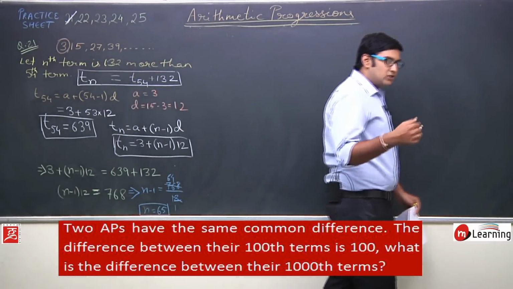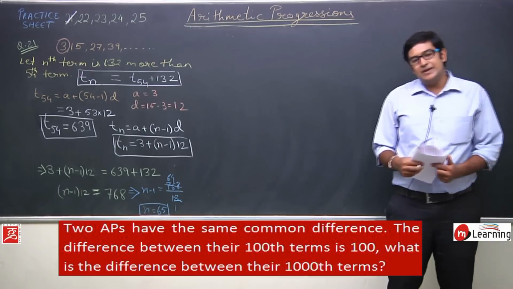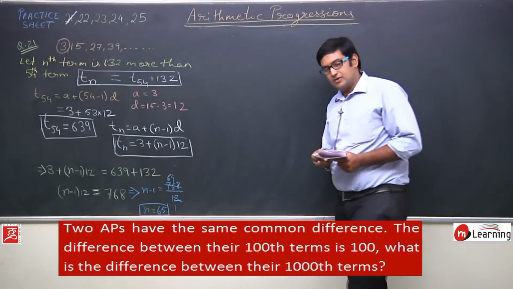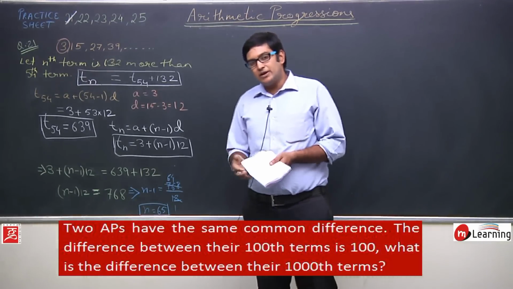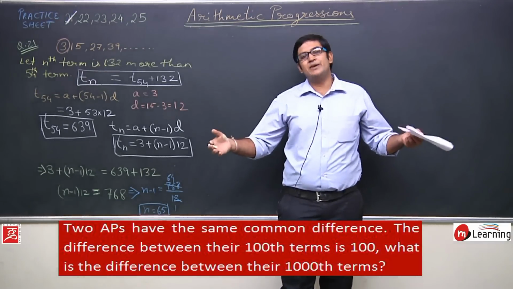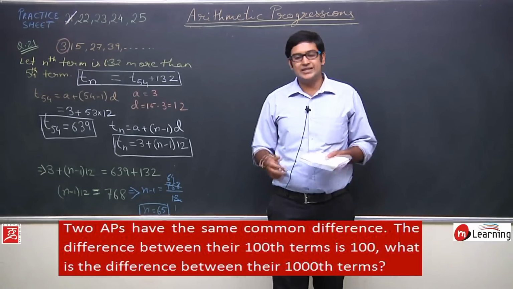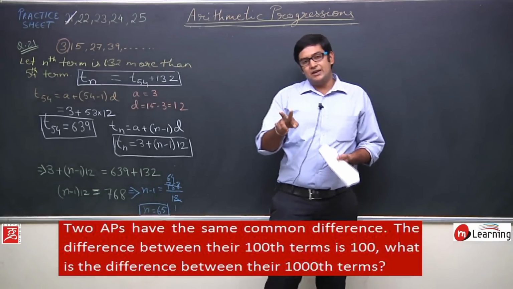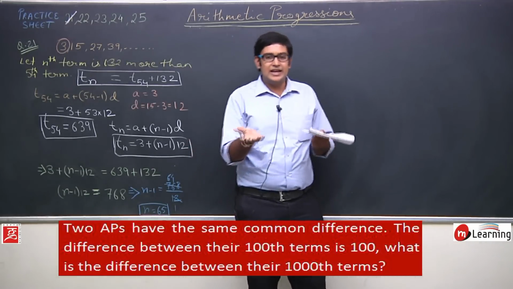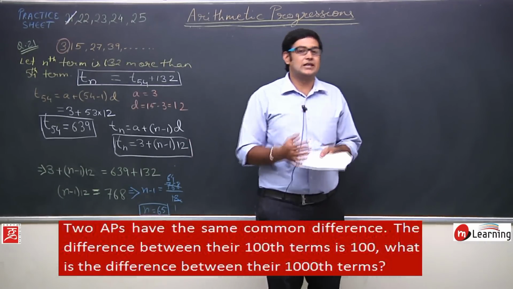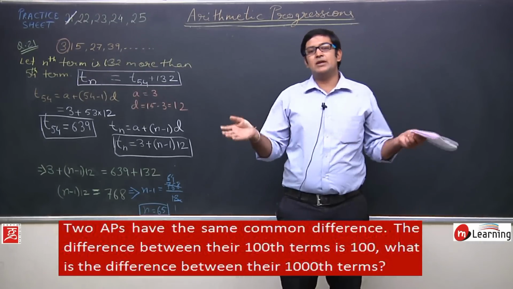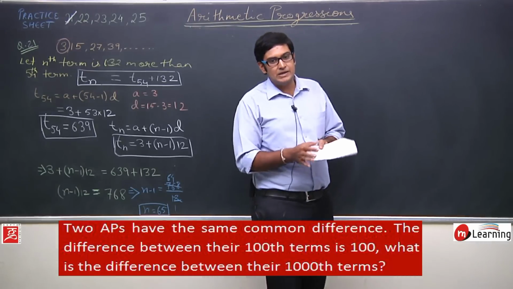Now, just try to understand, if two APs have the same common difference, how can they be different? Two APs can be different, but they can have the same common difference. Or I should say, the same common difference can be applied to two different APs.